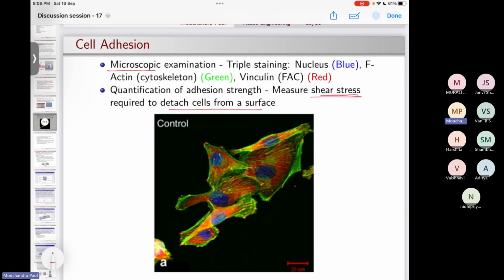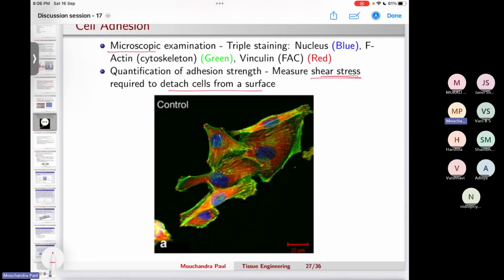So this is a microscopic image. This is a fluorescent microscope image where fluorescent dyes like DAPI, FITC-phalloidin or rhodamine are used to specifically target different cellular structures like the nucleus, the F-actin cytoskeletal elements, and the vinculin.